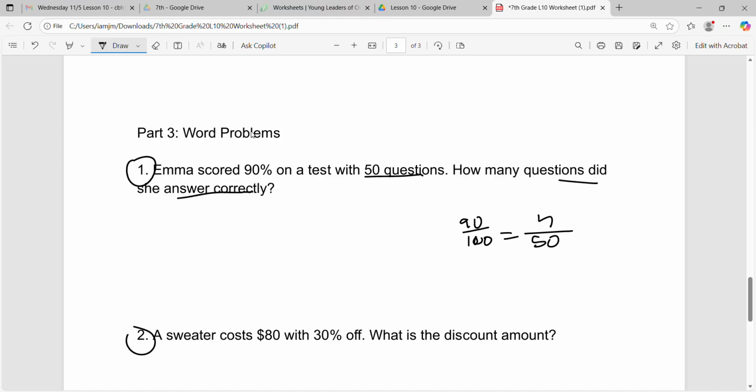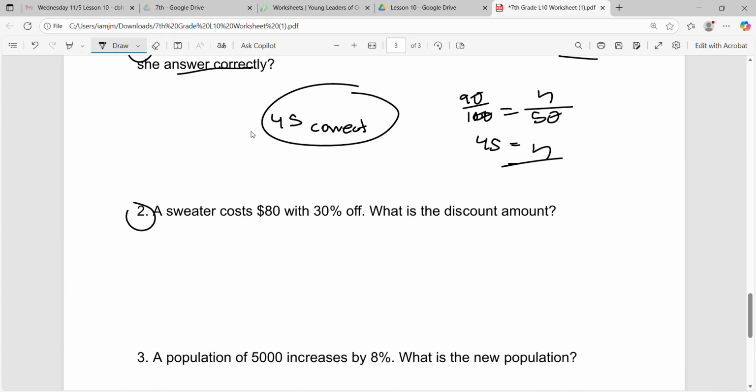She got 90%, so we'll now solve the equation. Simplify. 5 times 9 is 45, and she got 45 questions correct.